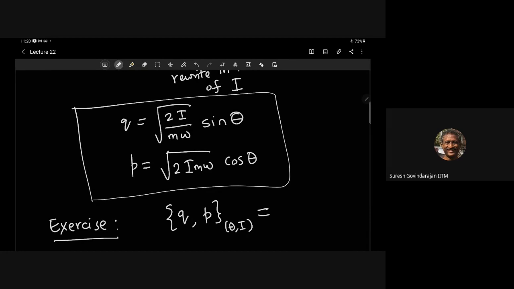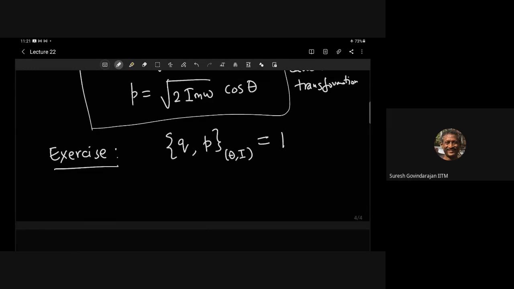What should the bracket of Q and P be? Well, 1. Because that implies that this is a canonical transformation. Is it clear?